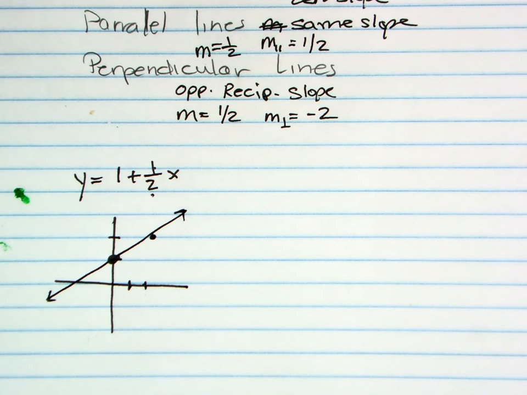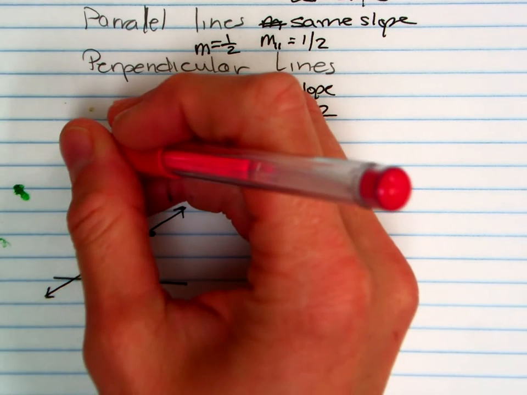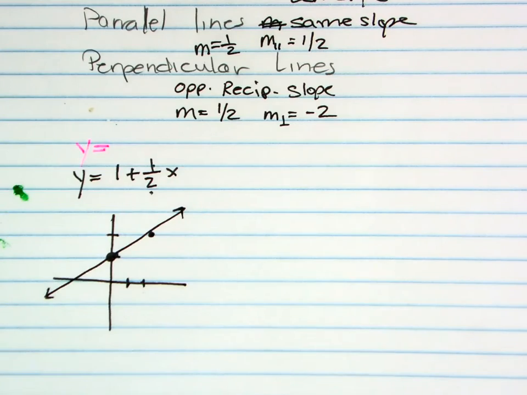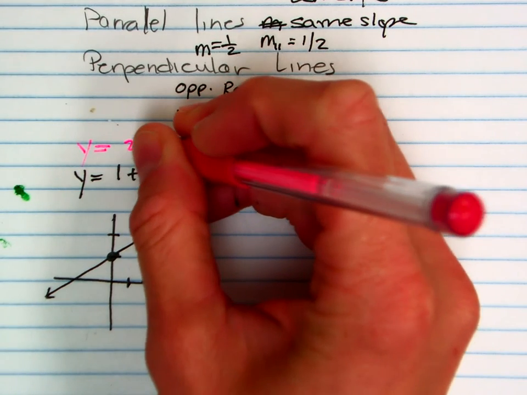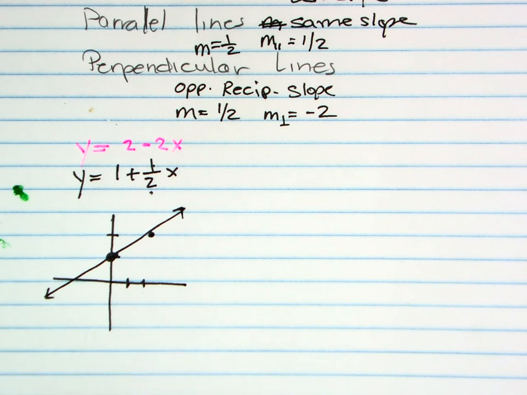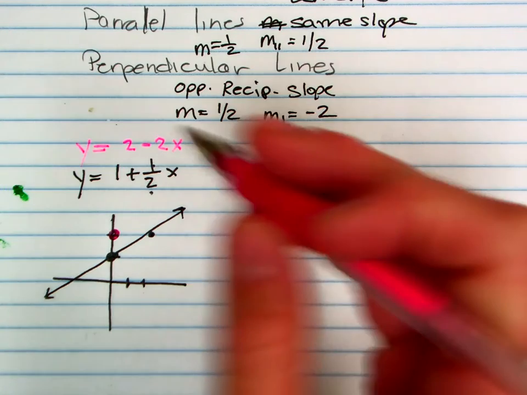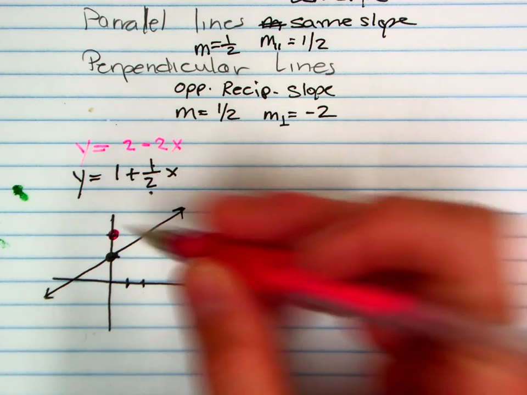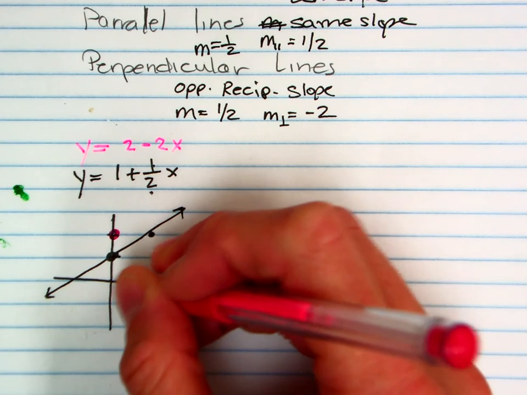So let's graph a different line on the same grid with a negative slope. Let's say I wanted y equals 2 minus 2x. In this case, I would go up to 2 as my intercept. And now this is 2 over 1, so I'm going down 2 and over 1.